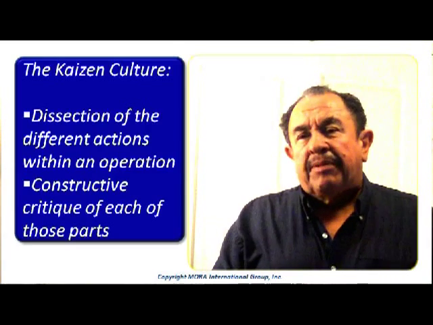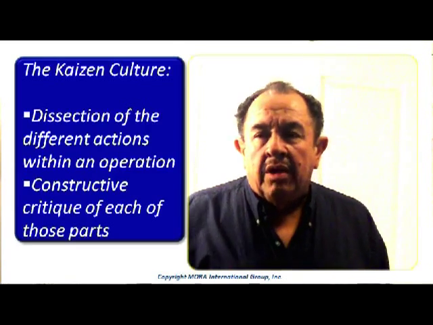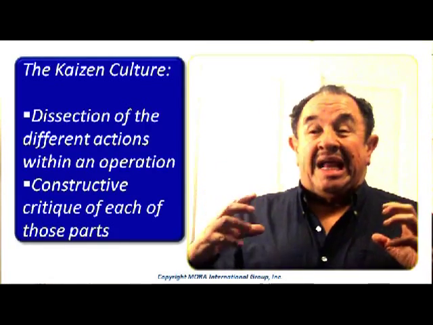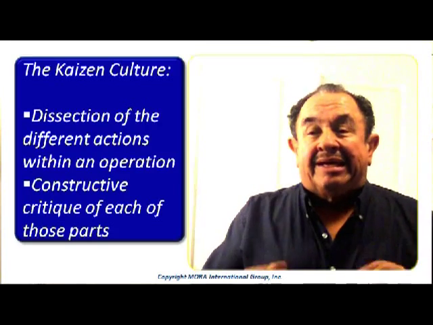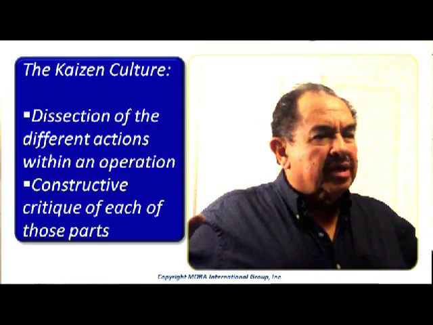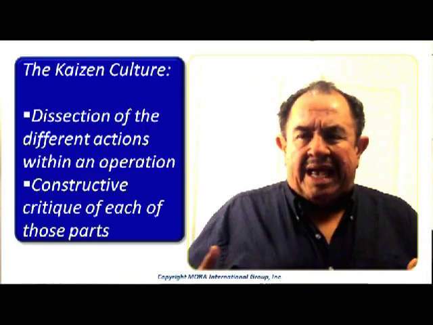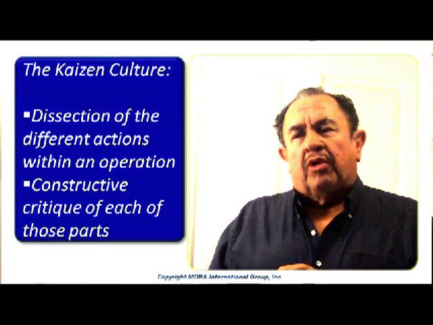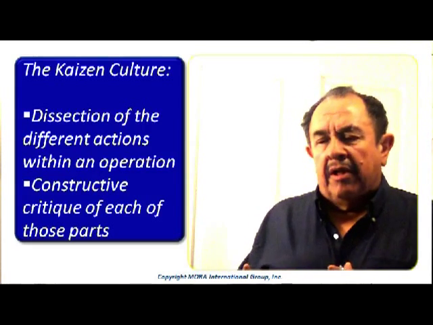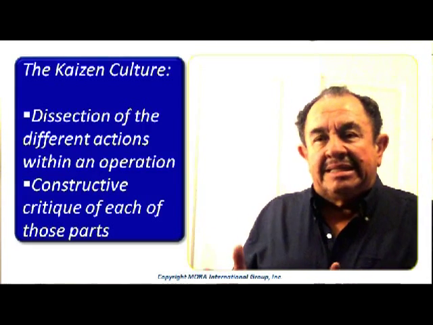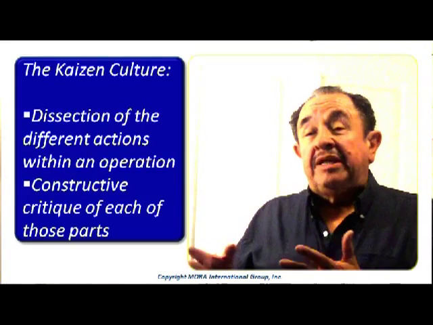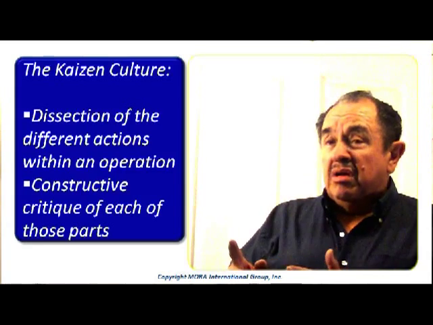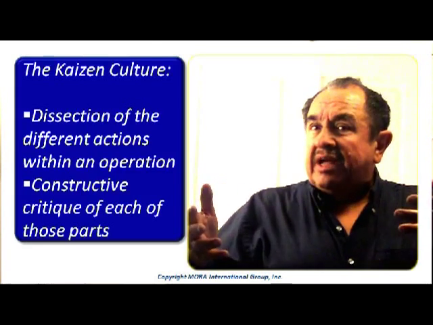In this list of processes, we all will start observing and producing a constructive critique of all those movements, all those actions. A constructive critique is very important because we are going to be able to provide ideas as to what could be done to produce that movement or that action in a better way, in an easier way.